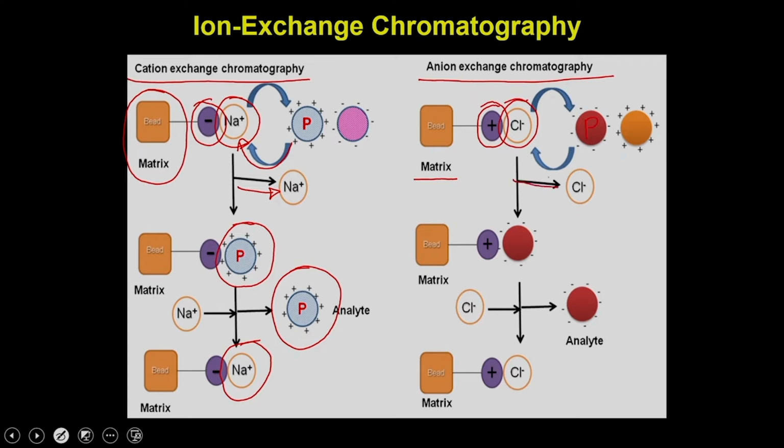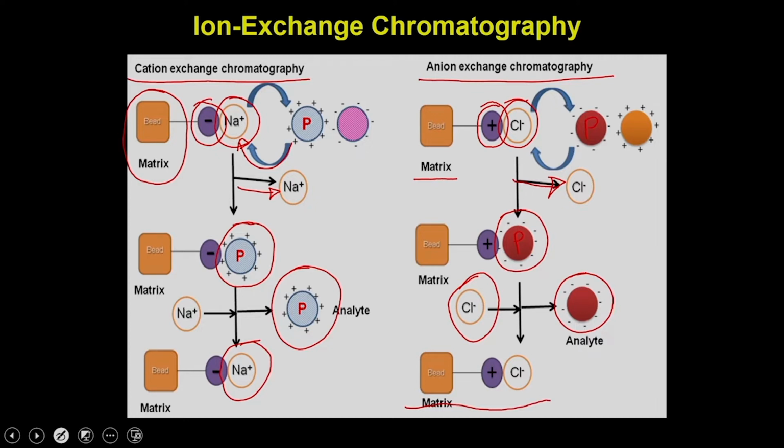In that process, the chloride is going to be displaced from the matrix and the negatively charged protein is going to bind, and then once you flow a very high concentration of the counter ions, the protein is going to be displaced from the matrix and eluted, and your matrix is again going to have the counter ion bound and be ready to use.